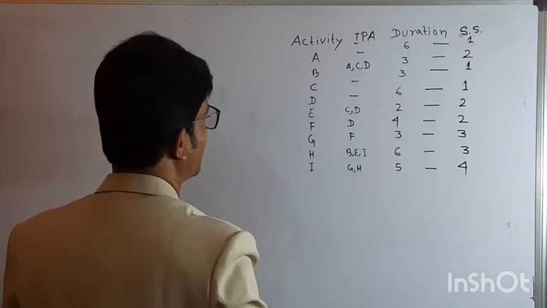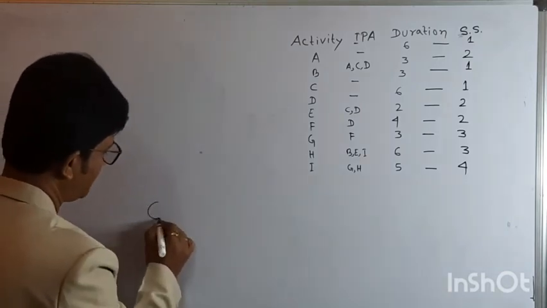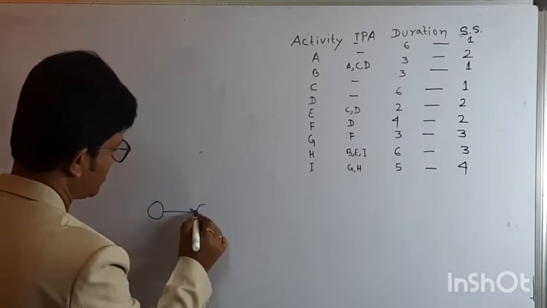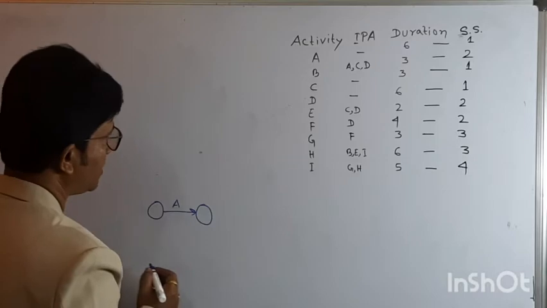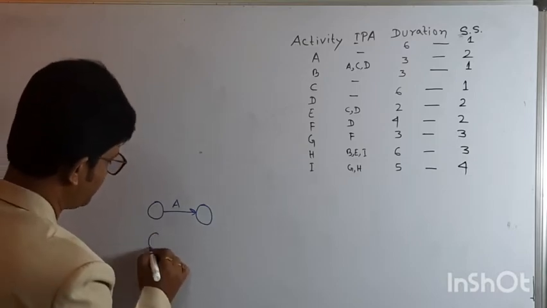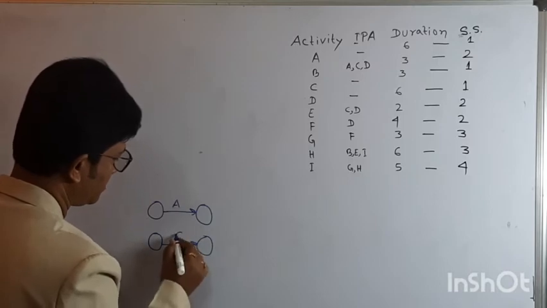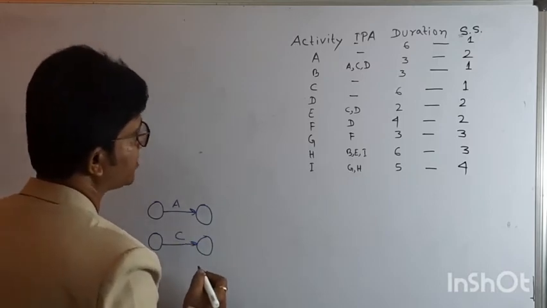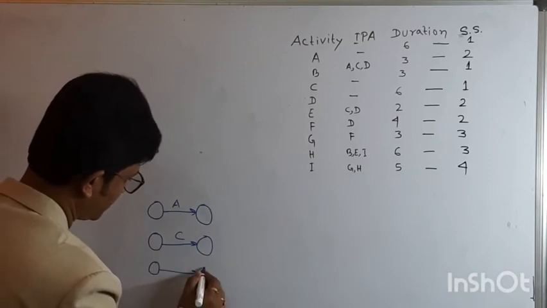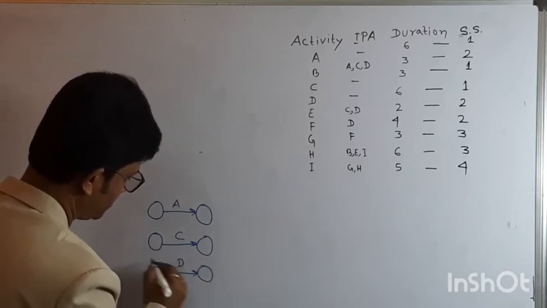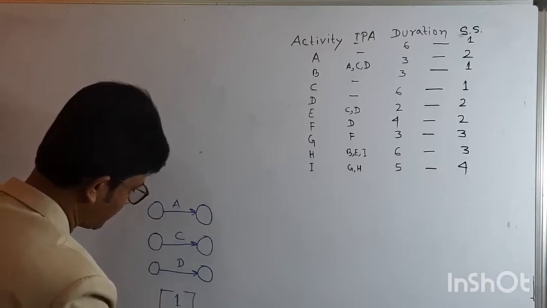Sequence step number 1 contains activity A, activity C, and activity D. So this is for sequence step number 1.